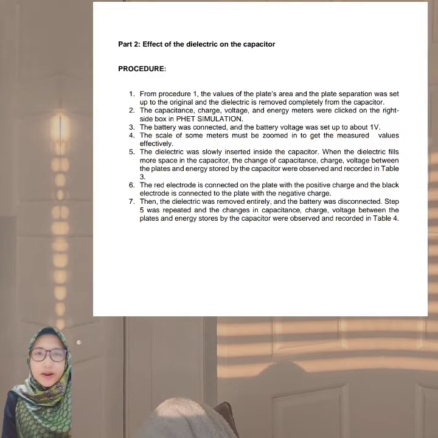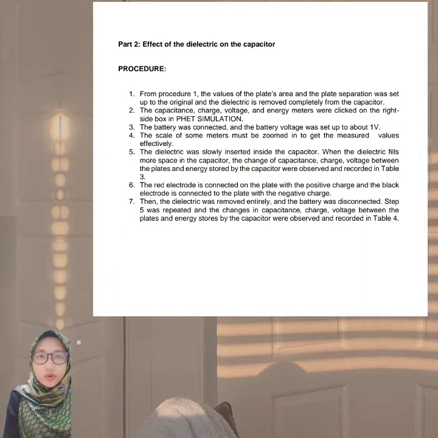Okay, for the part 2 experiment, entitled Effect of the Dielectric on the Capacitor, the procedure in this part is as follows. First, the values of the plate's area and the plate separation were set to the original, and the dielectric was removed completely from the capacitor.